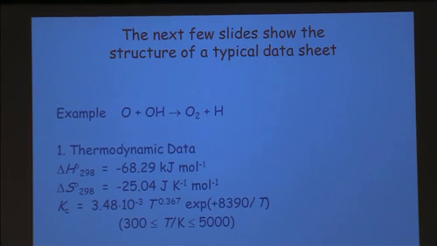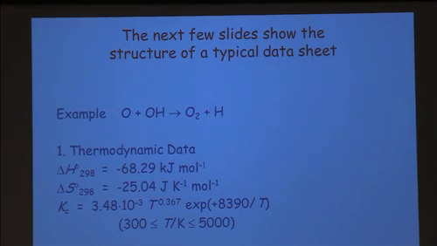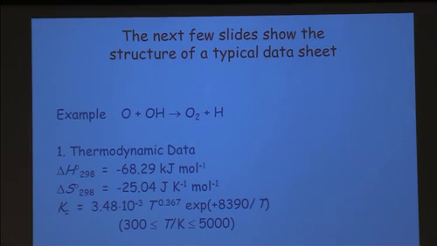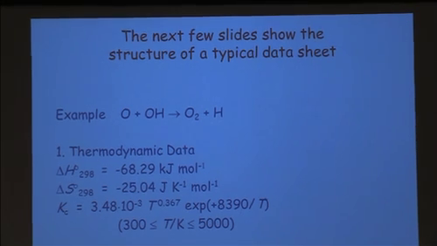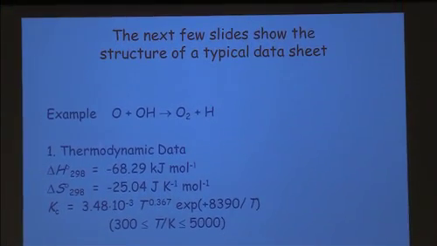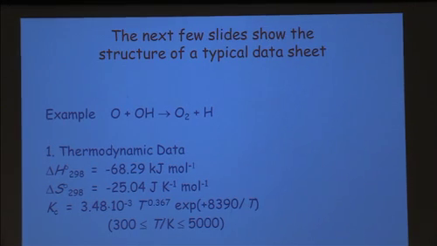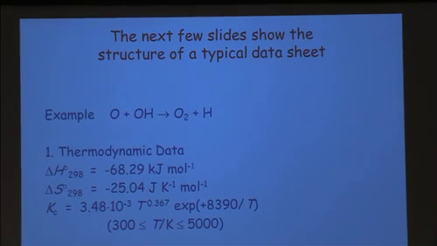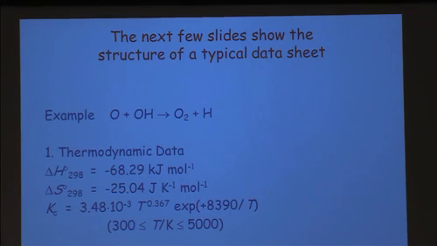So the first thing is thermodynamic data for this reaction. So these are the enthalpies and entropies of reaction and the equilibrium constant. Of course, this comes from the early 2000s and isn't going to be as up to date as the ATCT data. But it does contain thermodynamic data.